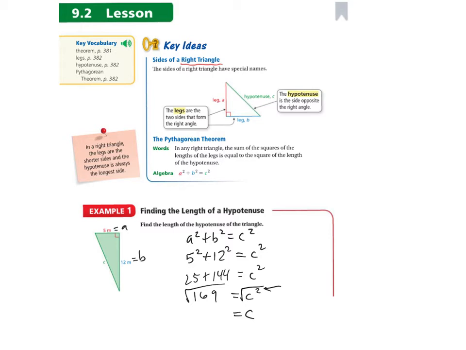So similarly, we do the opposite operations to solve equations. So adding, we would subtract; multiplying, we would divide. If there's a square, the opposite operation is square root. So then 169 is 13 squared. And I'm just double checking myself. Yes. So c is 13.